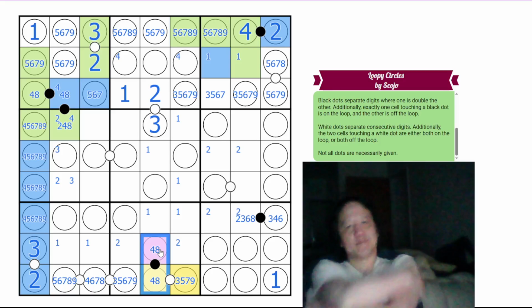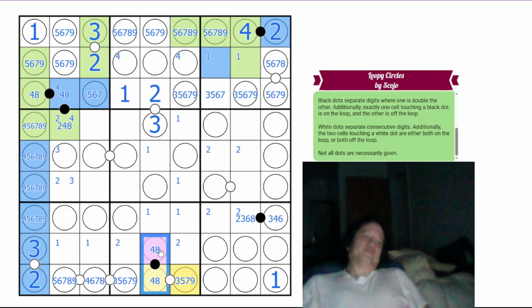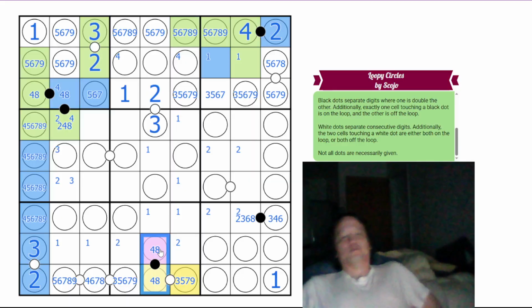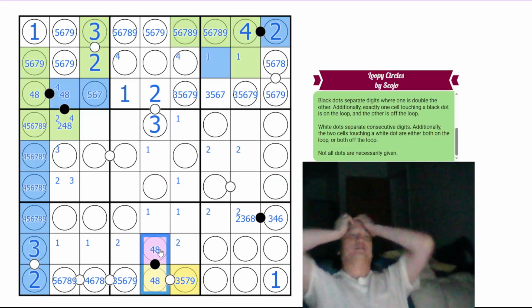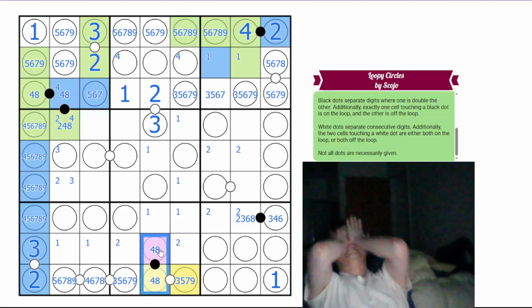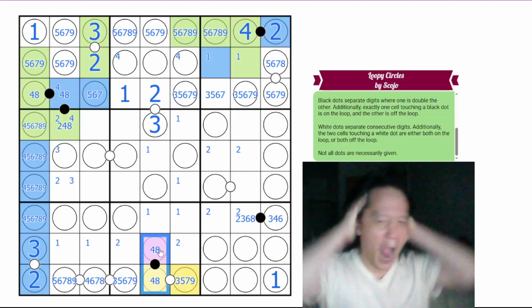So again, out of the digits 5 through 9, 2 of them are definitely on the loop, 2 of them are definitely off the loop, and we don't know what the last digit is, whether it's on or off the loop.